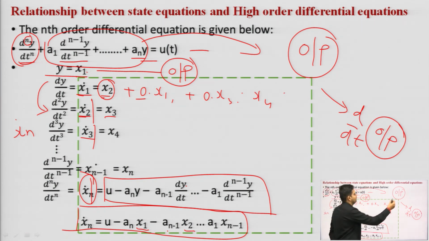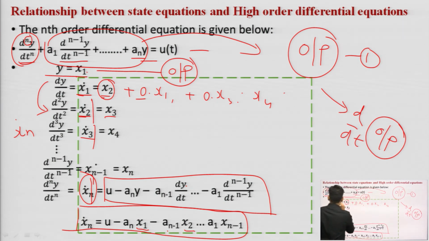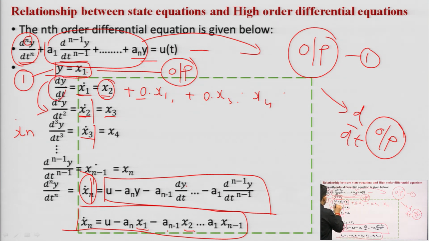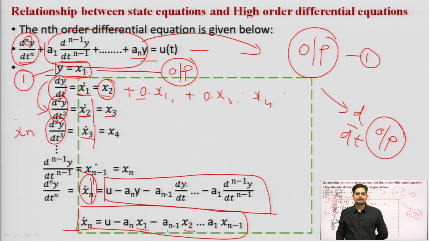It means our one variable is the output, you can say here y equal to x 1, this is my one variable, okay. And remaining variables would be derivatives of output, that is dy by dt, d2y by dt square, d3y by dt cube, they all are what? Derivatives of my output quantity. So, this type of representation is known as canonical form.